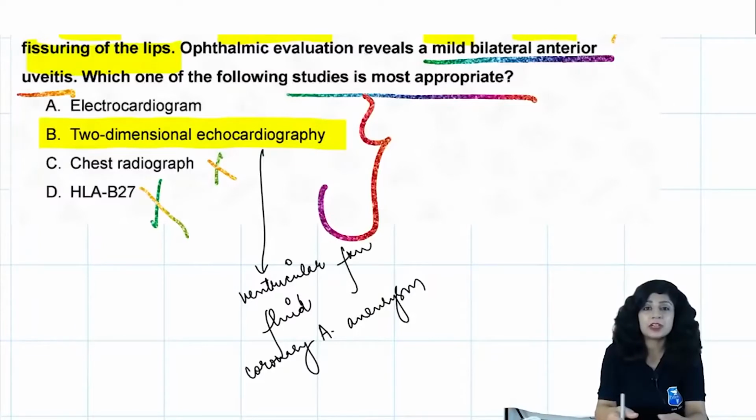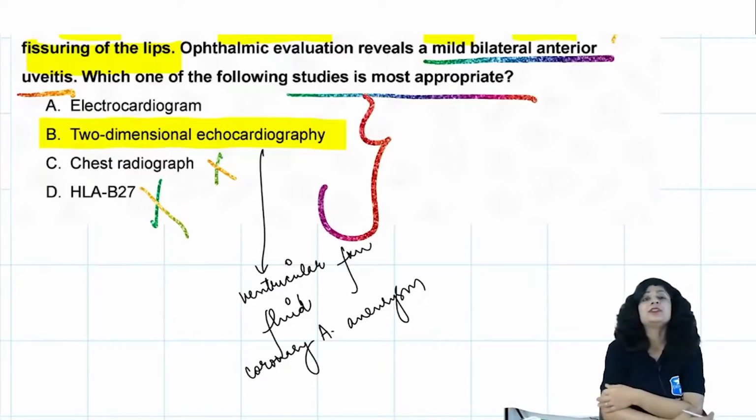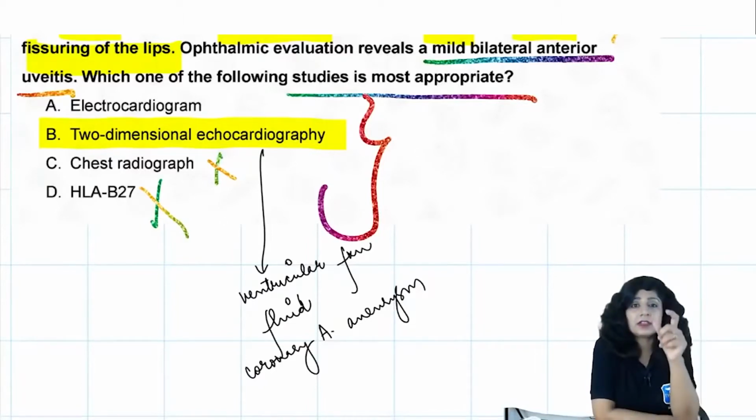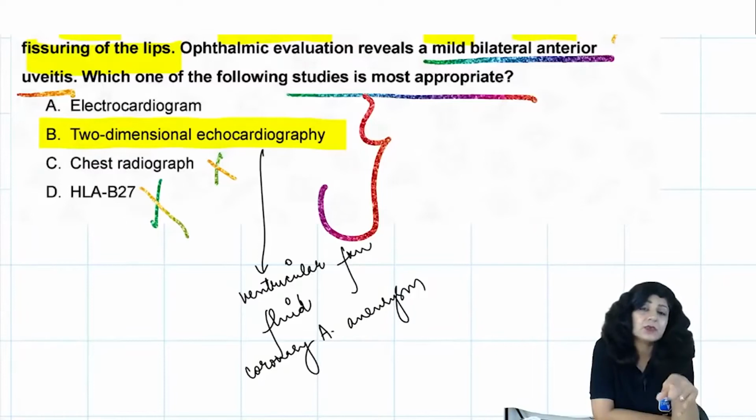Again, a very important integrated question, and definitely I have tried to take the systemic approach to the topics, because over the years I have seen that AIIMS people are interested more in the systemic aspect of the diseases. And if you look at the previous paper, the INICET 2020 paper also, almost all the questions were about the systemic aspect.